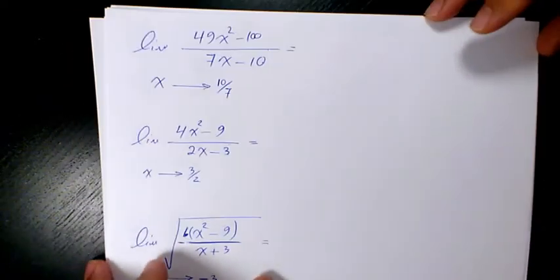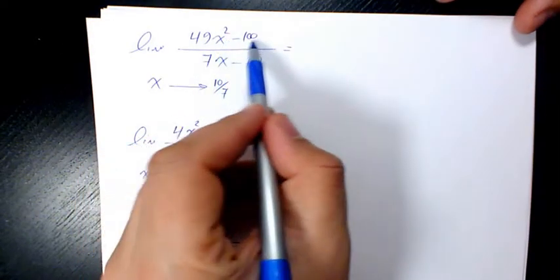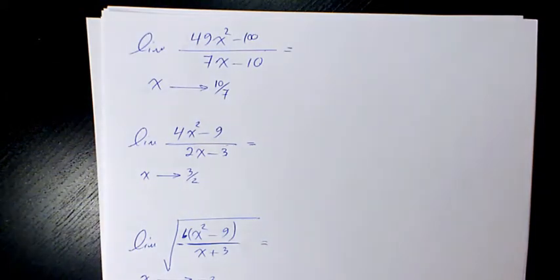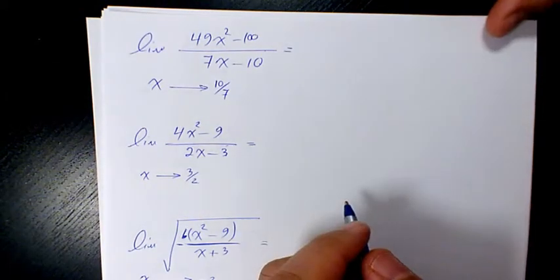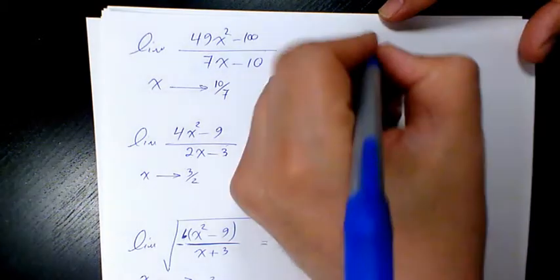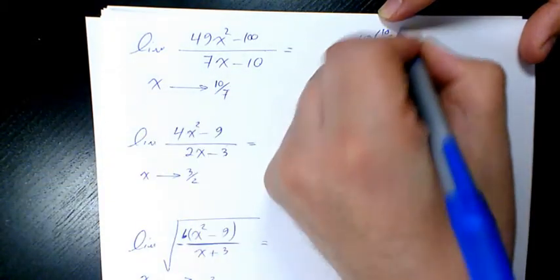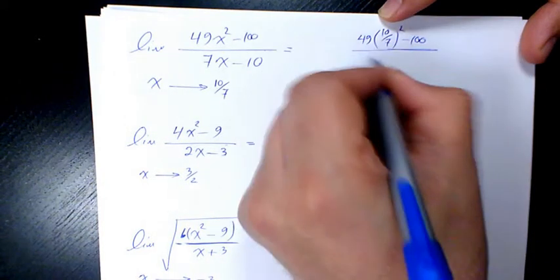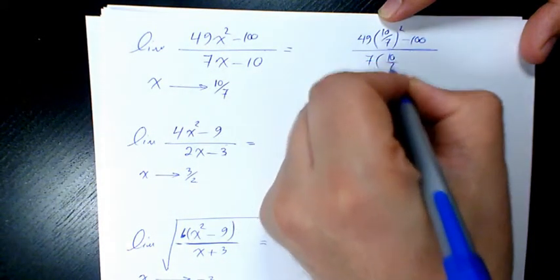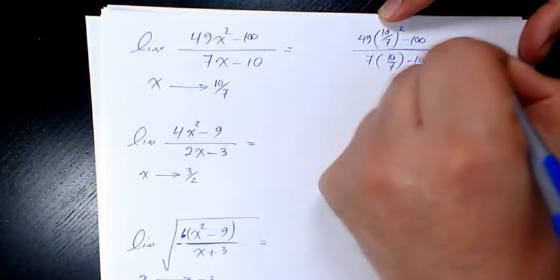Okay, next example is going to be 49x squared minus 100 over 7x minus 10 when x approaches 10 over 7. Substituting 10 over 7, that's going to be 49 times 10 over 7 squared minus 100 over 7 times 10 over 7 minus 10, which is going to be 0 over 0.